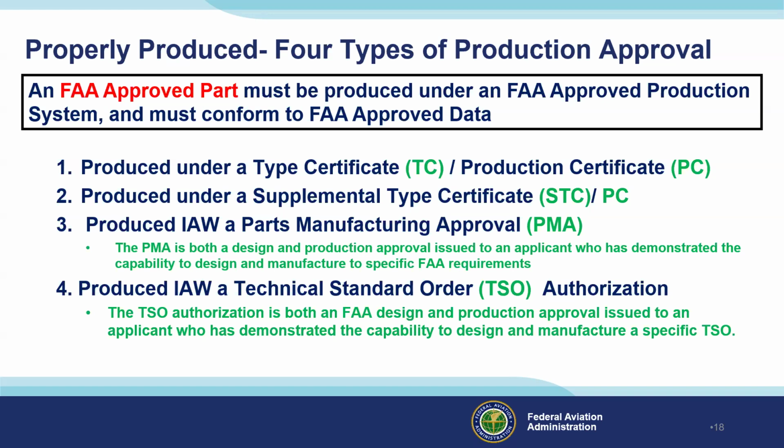Number 3, produced in accordance with Parts Manufacturing Approval, PMA. And the PMA is both a design and production approval. And they have demonstrated the capability to design and manufacture the part to the specific FAA requirements. And 4th, the TSO authorization is both an FAA design and production approval, similar to the PMA.